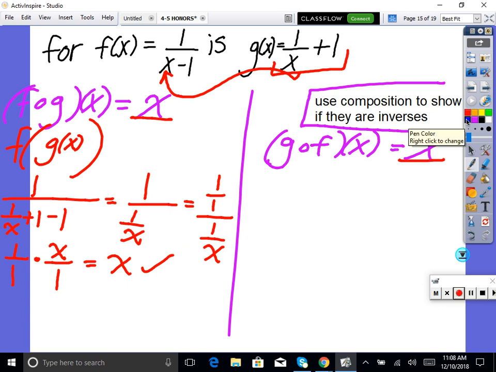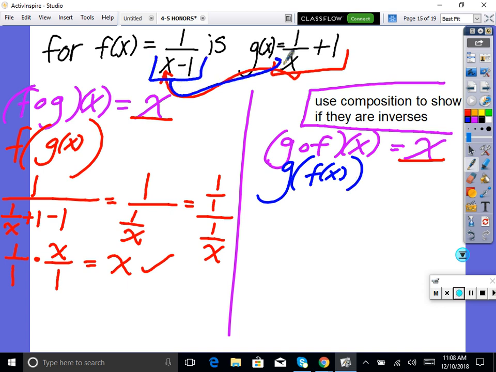All right. So this one's g of f of x. That means we're taking f of x and plugging it into function g wherever there's an x. So we have 1 over 1 over x minus 1 plus 1 out here. So let's simplify this.